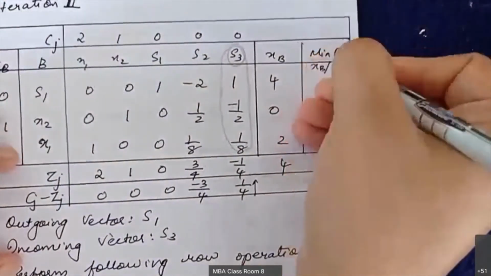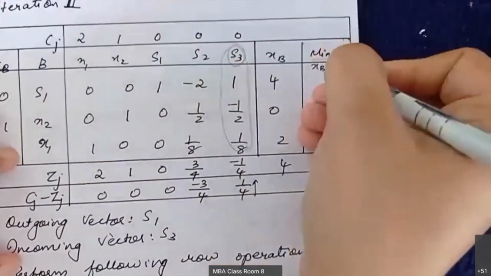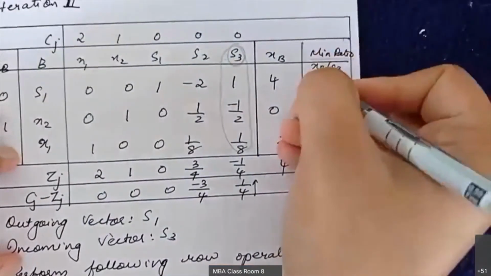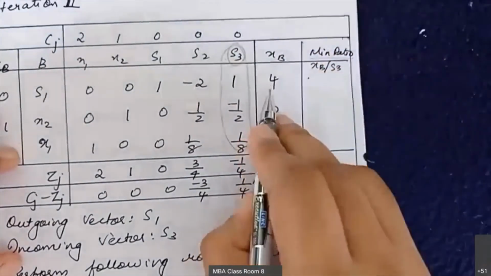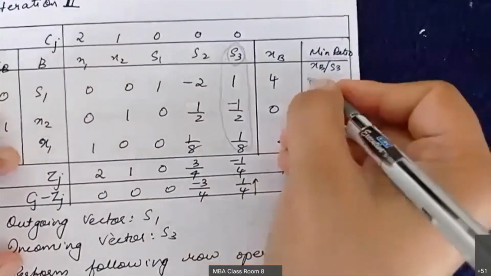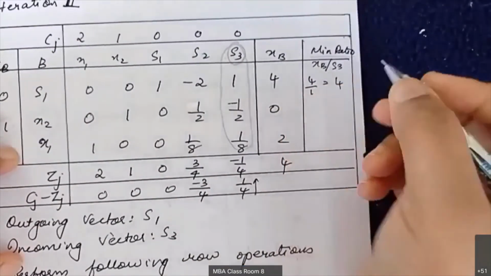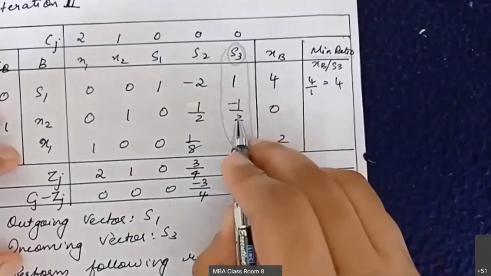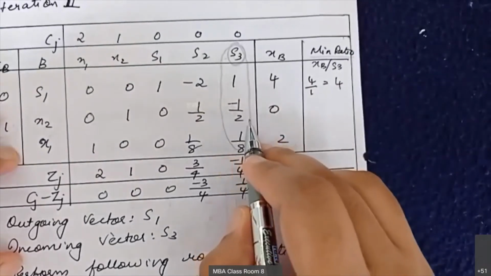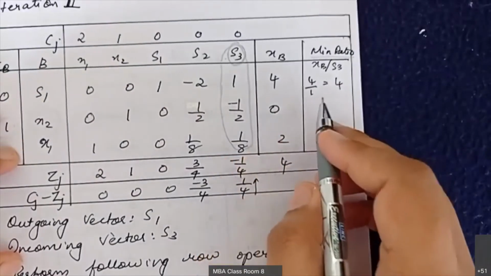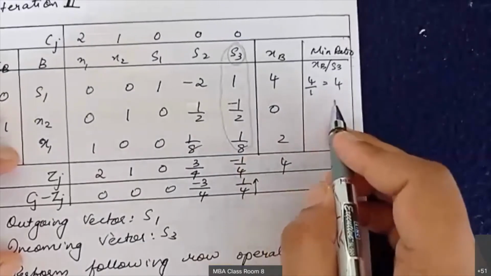It is XB divided by S3. Here I have 4 divided by 1, which is 4. Next one is 0 divided by minus 1 by 2. Do I have to enter the value as 0 in the minimum ratio here?